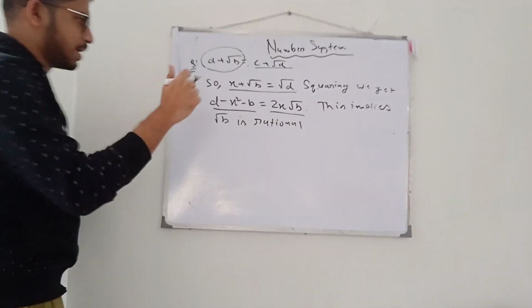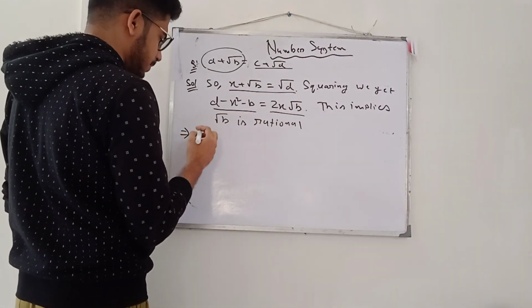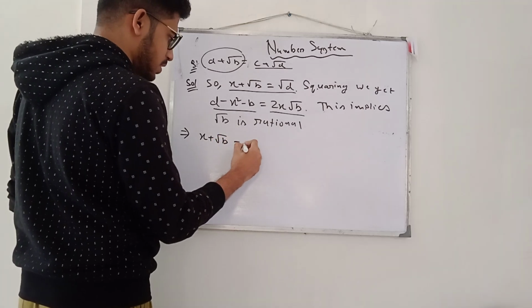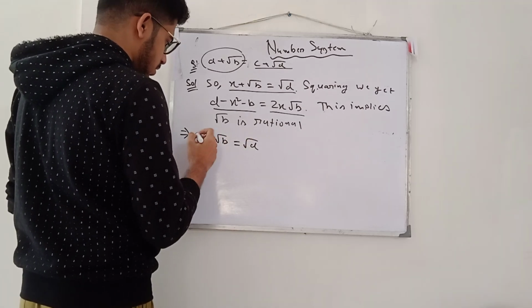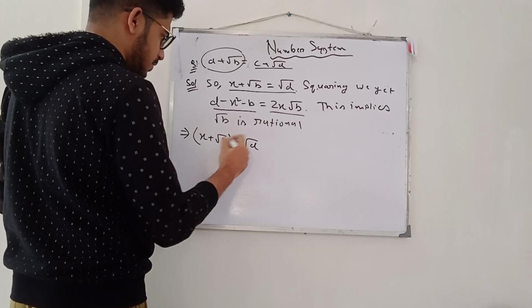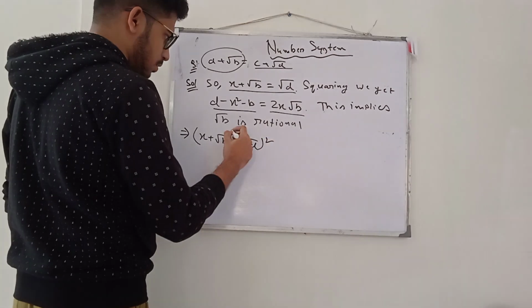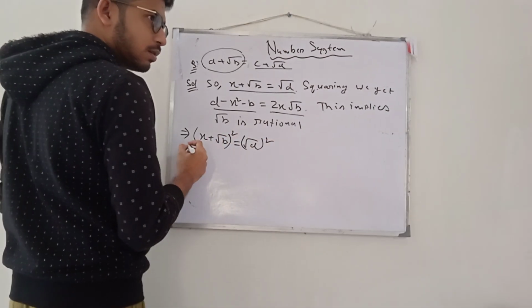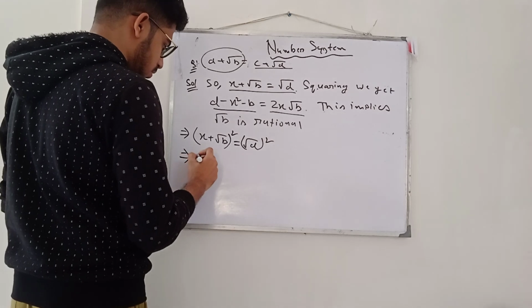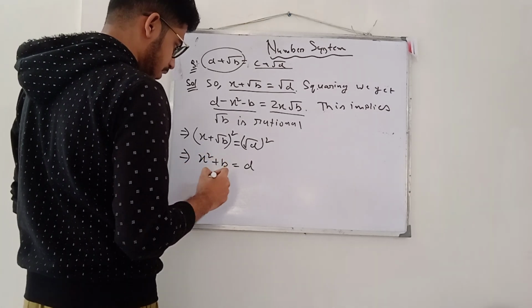Suppose we square this x plus root b, so x square plus b is equal to d.